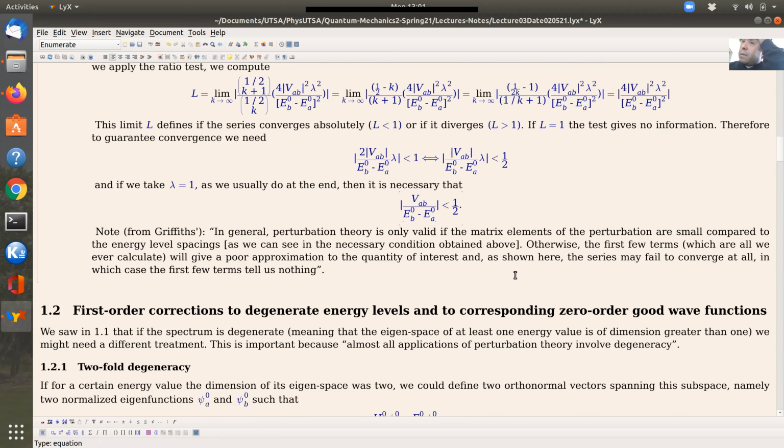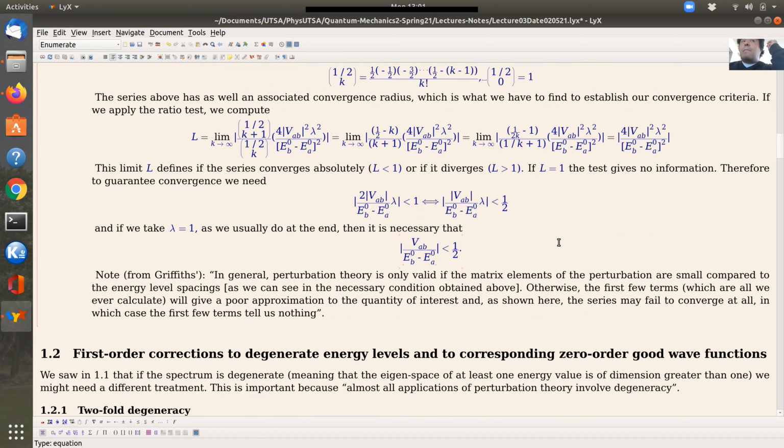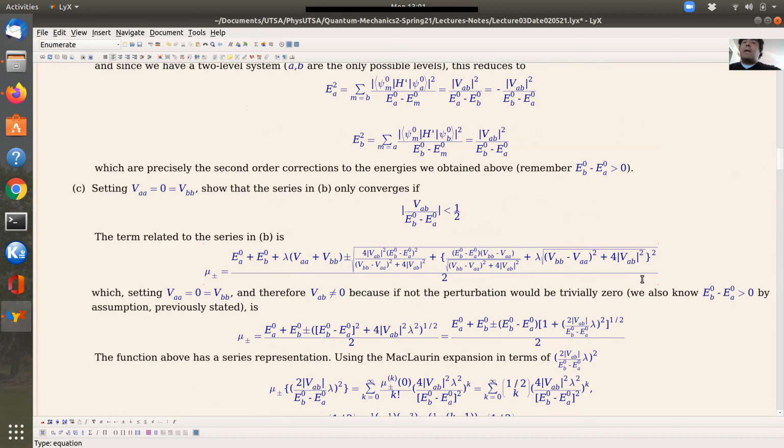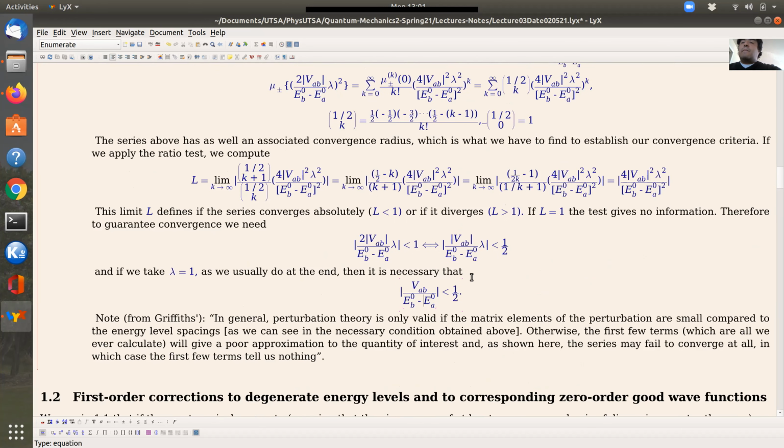The first thing is to interpret this result as: perturbation theory is valid as long as the perturbation is small. Small with respect to what, right? This is giving you a partial answer because although this is for a very specific problem where we have made some extra assumptions, it is not even that strong of a condition. It's a necessary condition.